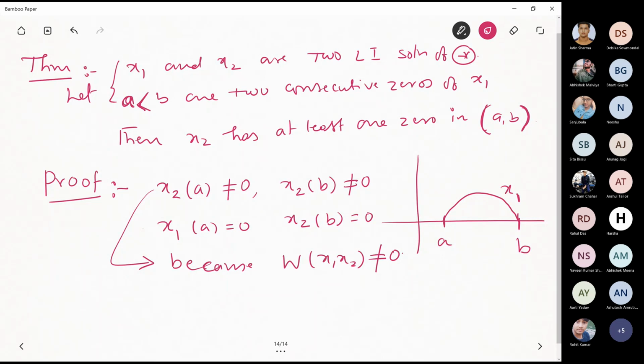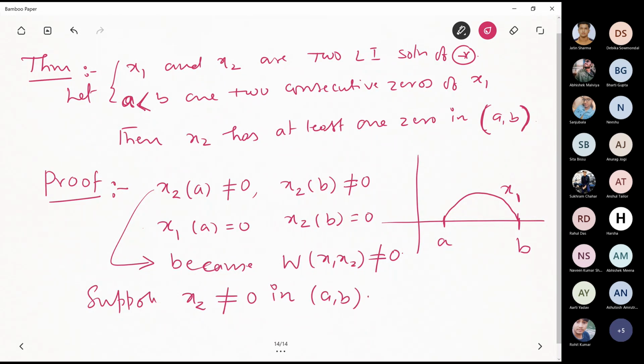What we have to show is that x2 has at least one zero in (a, b). So suppose it doesn't have any zero. Suppose x2 is non-zero in the interval (a, b). That means it is either positive or negative.